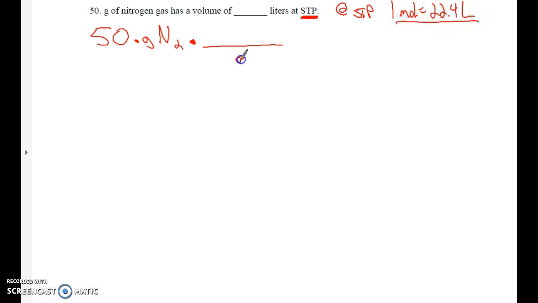So we have to convert the 50 grams of nitrogen into moles. It's always 1 mole, and you get the grams off the periodic table. Now this is a common mistake people make if you're going too fast. People look up nitrogen and they see that it's 14.0. Remember, there is a subscript here. You have to double it. 28.0 grams. So now grams of N2 will cancel out.